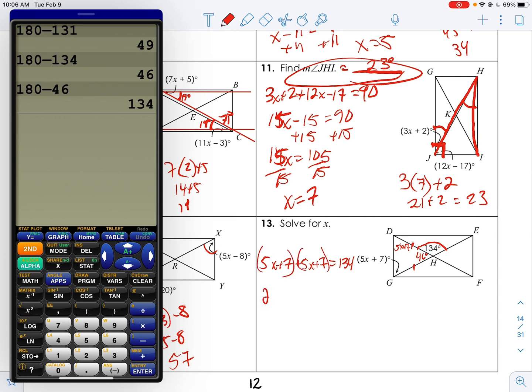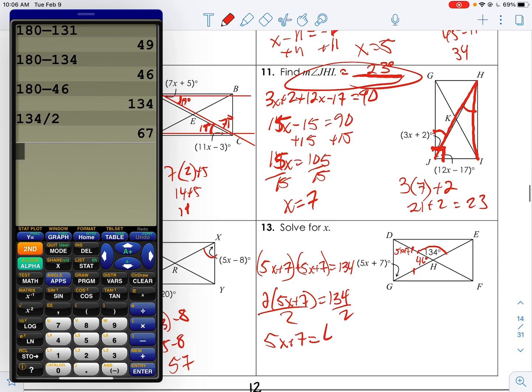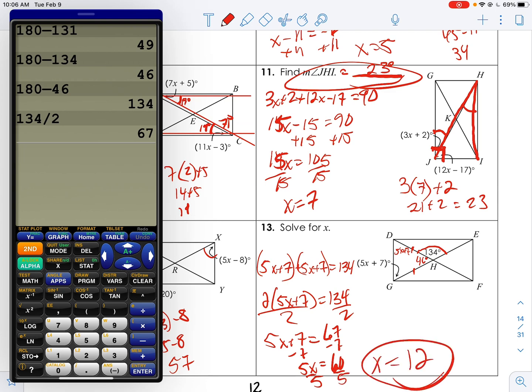This one and that one. Notice how they're the same. We could have said 2 times 5x plus 7 equals 134 because we have two 5x plus 7s. So now I'm just going to divide by 2. 5x plus 7 equals 134 divided by 2. 67 minus 7. 5x equals 60 divided by 5. X equals 12.